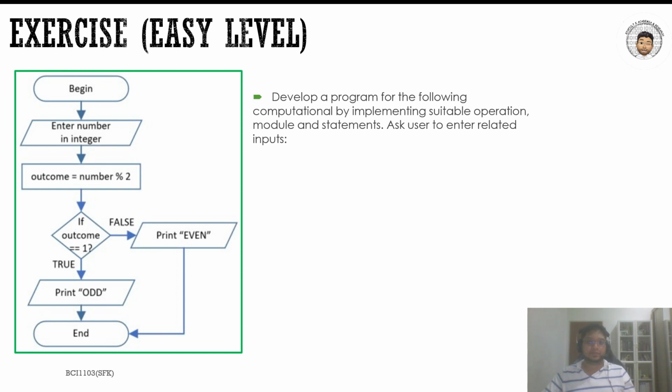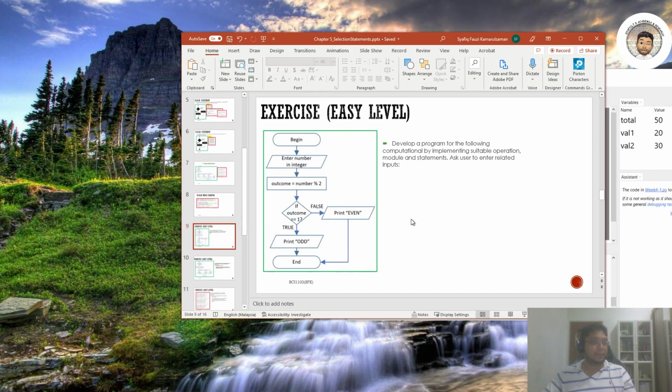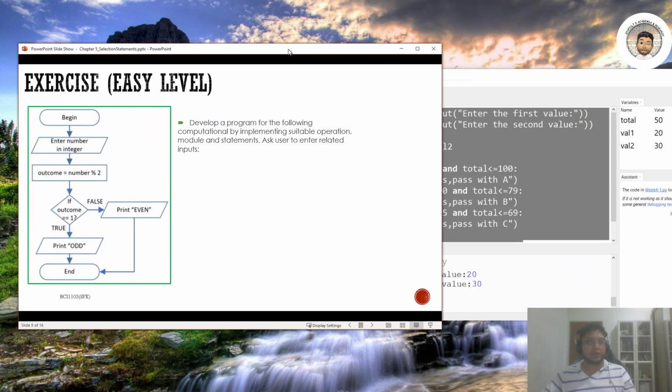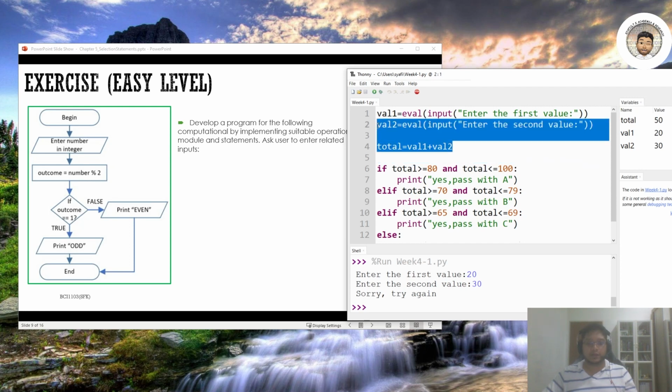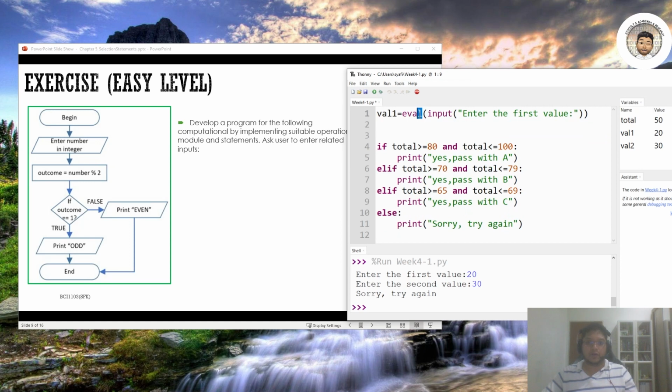Oh, sorry, I didn't notice here. In this case, you get the code. Let's just open the code again. Here you have the code. I'm going to recycle the previous code. Enter a number in integer. When you get the number in integer, just for the sake of remembering, put it in here.